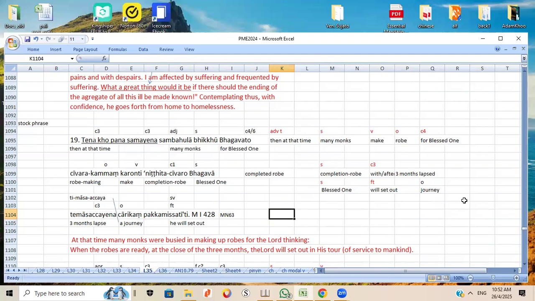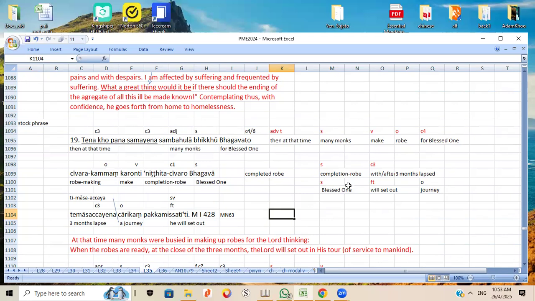He will travel. So basically the rope is for the monk. By the time the rope is done, it's about three months. If you read carefully, I think this may be during the Vasa time, three months. I think it's the Vasa time.